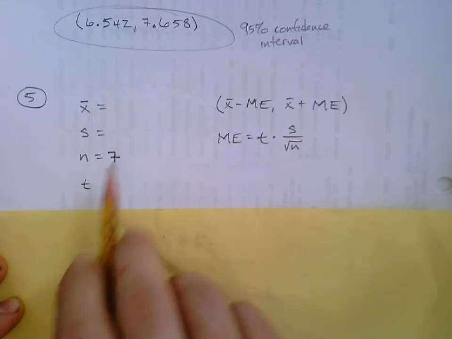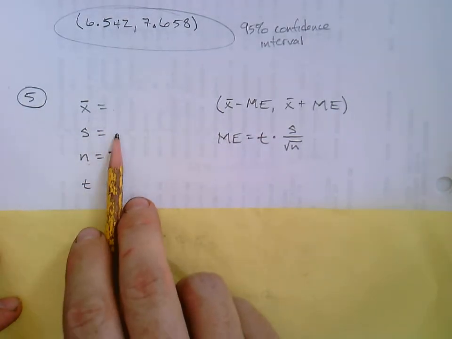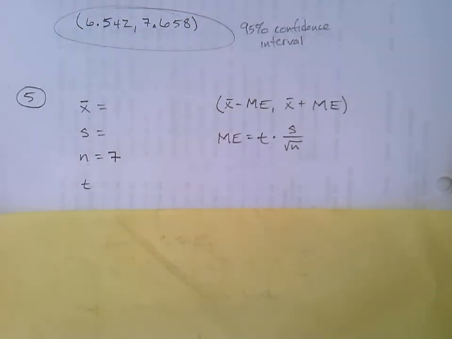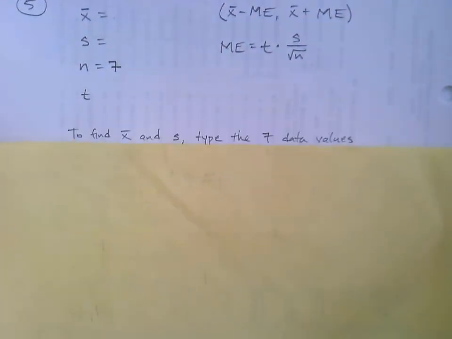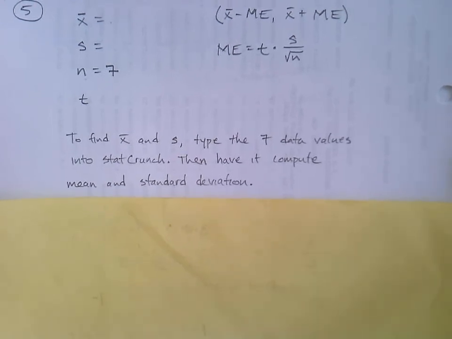How are we going to get these values? Well, it wouldn't be too bad to do x bar by hand, but don't do the sample standard deviation by hand. In fact, you don't have to do either of them. To find x bar and s, type the 7 data values into StatCrunch. Just go to a blank spreadsheet and type in those 7 numbers as a column.